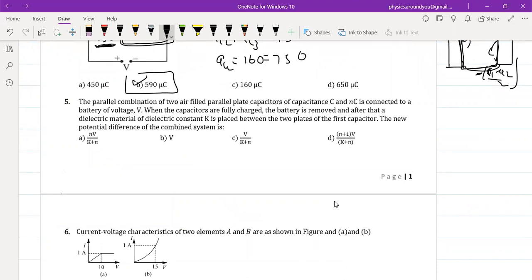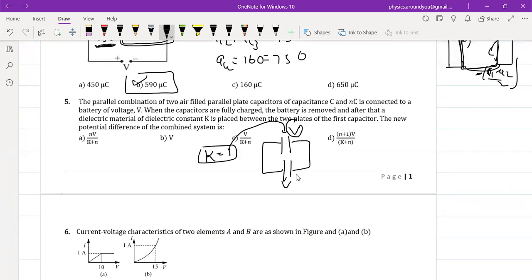I hope you have read the question. All I will do is substitute K as 1. If I put K as 1, then I am not really changing anything, you see. Initially, the voltage between this and this was the same. If I put K equal to 1, if I put in air, nothing is changing.